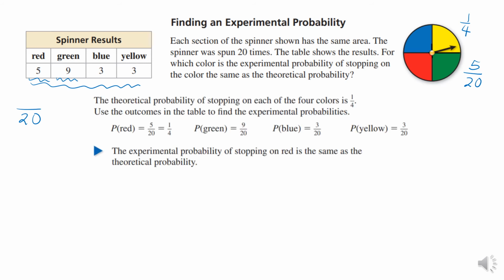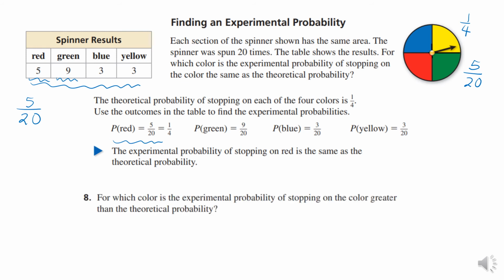And that shows you that red is the only one. Then it asks, for which color is the probability of stopping on the color greater than the theoretical probability? So we already determined that 5 is the theoretical number, so green is the only one that was greater than that.